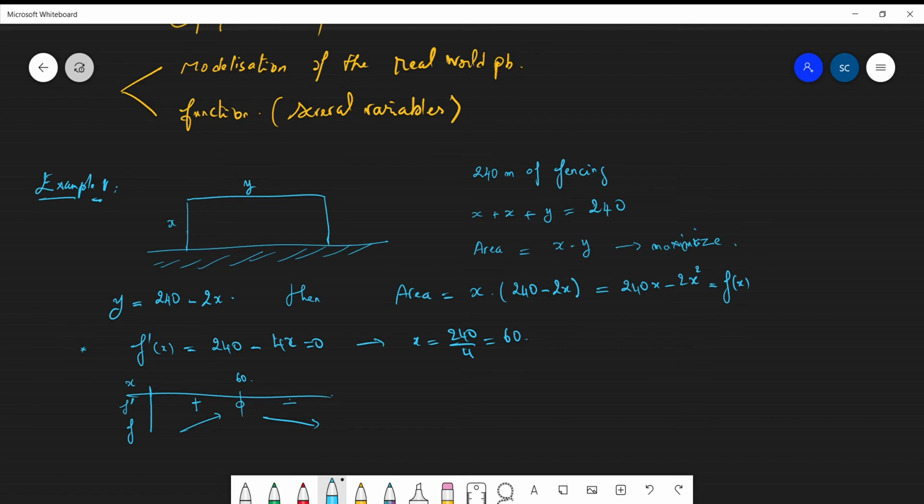So at 60 I have the maximum value over R. Here I am solving the problem of the maximum of f over R, it's f of 60. So we have an answer to the problem.